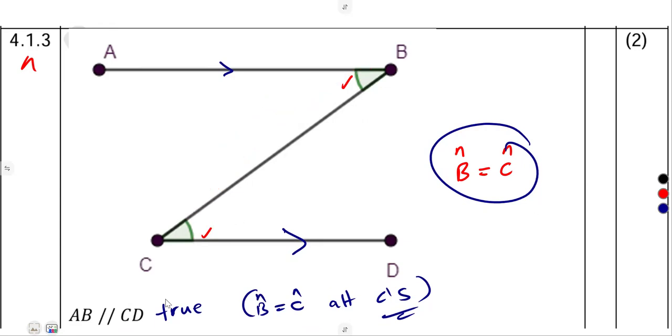Then they're asking you to say, are these two lines exactly parallel? Is that true? Yes, it is, because of the alternate angles concept, where we form a Z. When these angles are equal, it tells us that the lines automatically are parallel. That was the difference from the previous question.